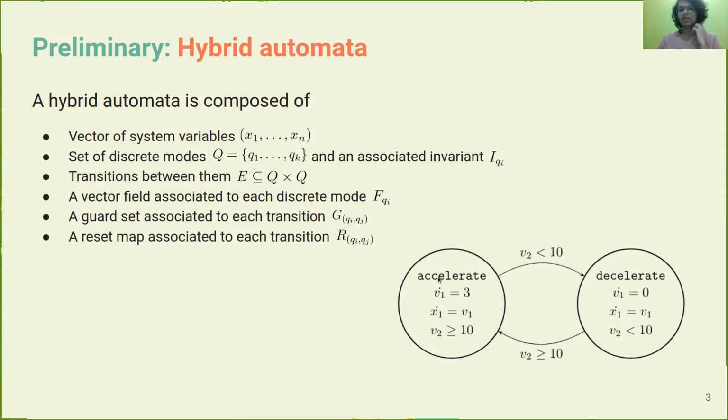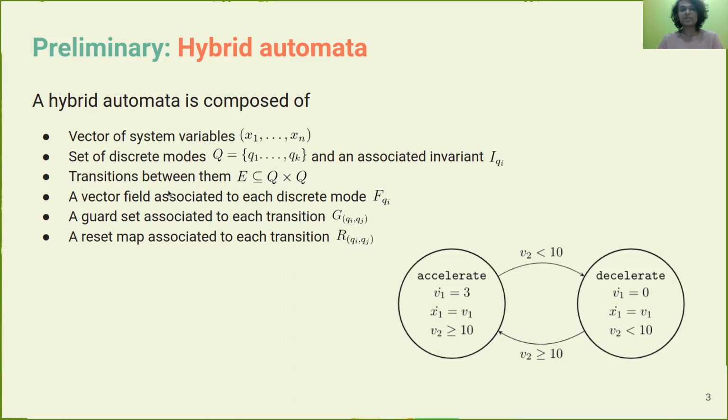For example, here in the accelerate location, we have the invariant that v2 is greater than or equal to 10. Now, this means that during a state of execution of the hybrid automaton, the system variable v2 is always greater than or equal to 10 whenever the system is in the accelerate location.